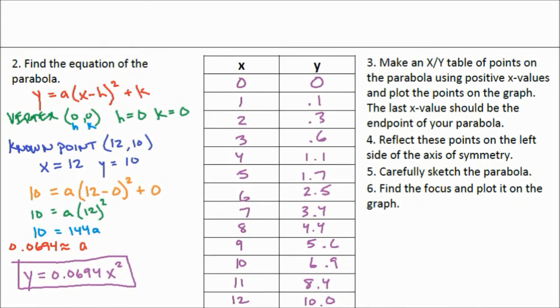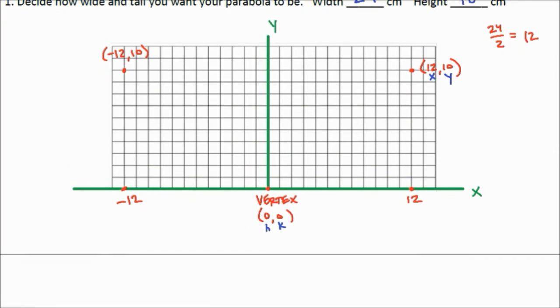So what we should be doing is go back to our graph and look at our table. Let's plot our points as accurately as we can. So at 1 we're going to be at about 0.1, that's almost on the very bottom.